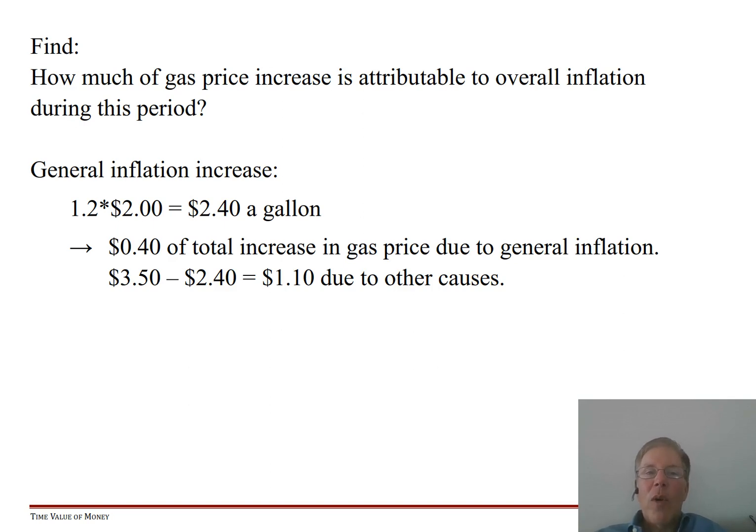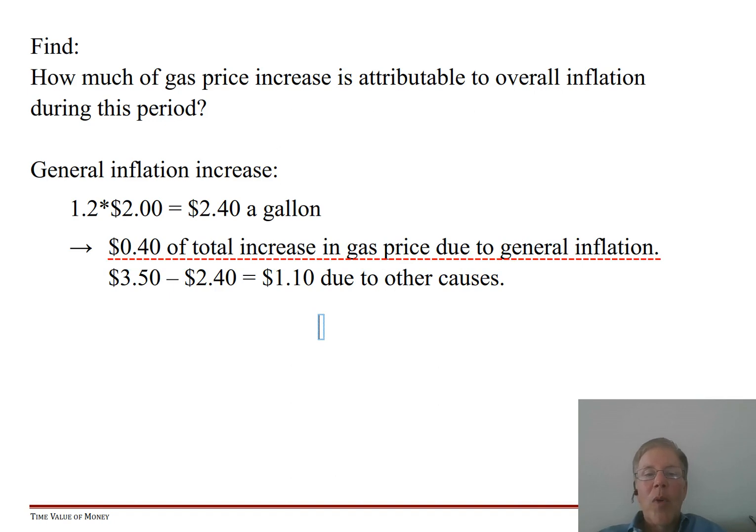So now let's ask the question: how much of the gas price increase between 2000 and 2007 is attributable to overall inflation, and how much is attributable to what economists would call exogenous factors? The general inflation increase led us from 2 to 2.4. So we subtract 2 from 2.4, and we say that 40 cents of the total increase was due to general inflation.